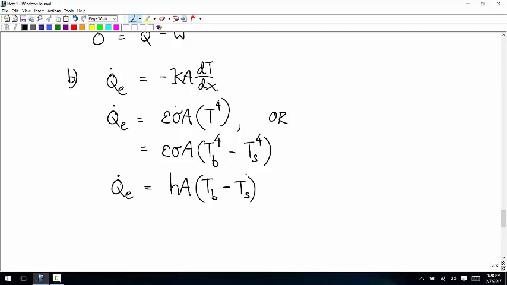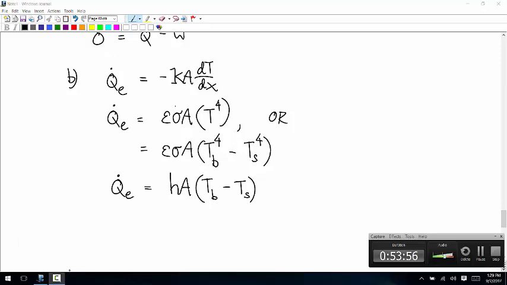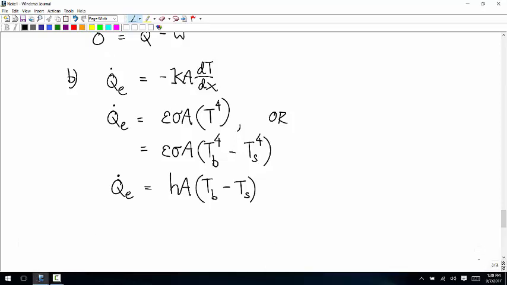So now put these three expressions into the steady state equation that we had before. These all add up to Q dot. We don't know what the signs of any of these are. The sign convention for these heat transfer formulas is different than the sign convention for the first law.